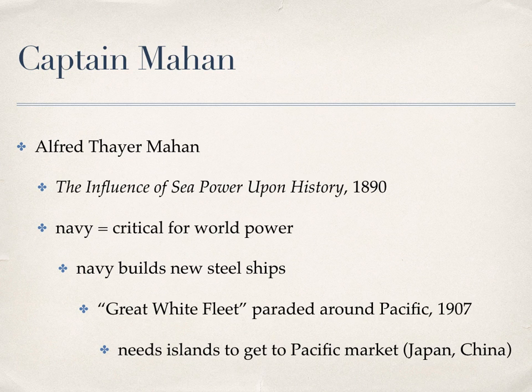Let's see, I have the Great White Fleet mentioned on this slide. The Great White Fleet doesn't happen until about 1907. This is during Teddy Roosevelt's presidency. And this is when the United States has this brand new shiny Navy with these US Steel ships, and they tour them around the Pacific.